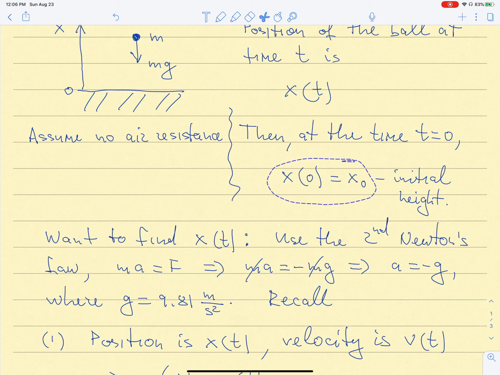Not only that, but clearly the answer is going to depend on whether or not you just release the ball x0 meters above the ground, or maybe at the time 0 you threw it upward or you threw it downward. So in addition to the initial position, initial velocity also matters.